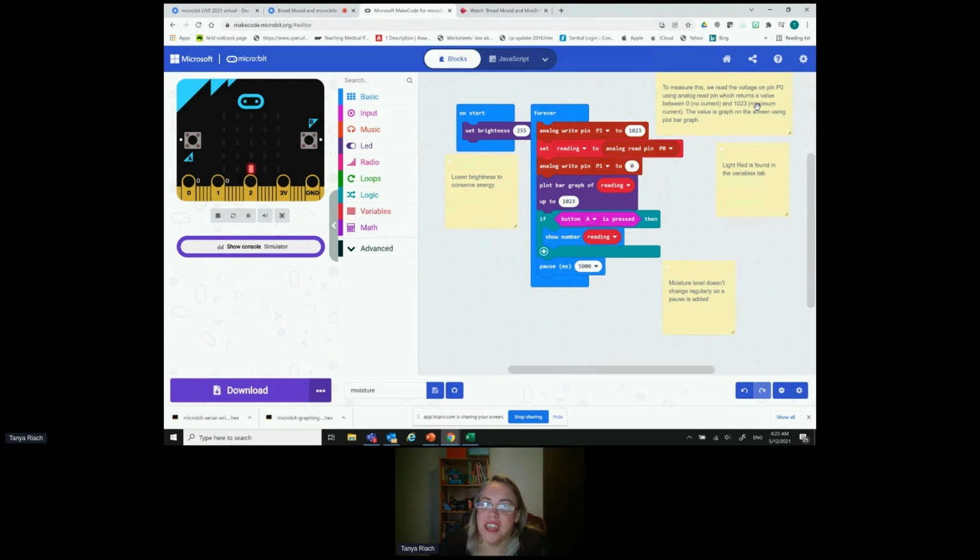So if you took the end slices of bread, their initial reading before the moisture was placed on them at all was a lot drier, or a lot less, than the pieces of bread in the center. So that was an interesting learning curve, but they got to measure that moisture content.